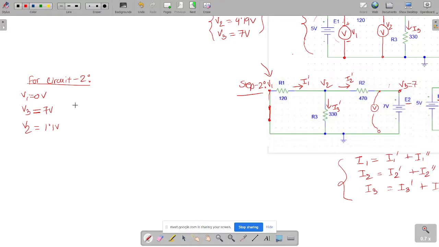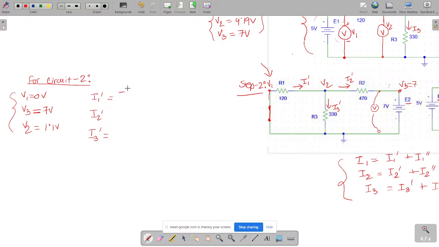So can we not all solve I1 prime, I2 prime, I3 prime using these three values? So what will be I1 prime? 0 minus 1.10 divided by 120.